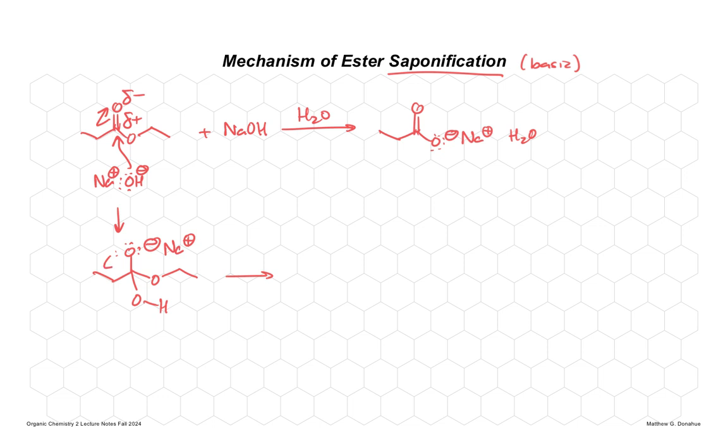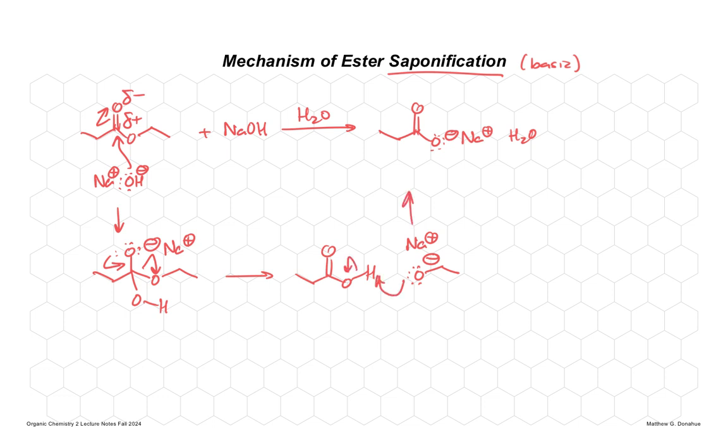So we collapse and then we eject out now the alcohol part, so ethoxide. And so we form the acid, but since we formed this, which is a good base, it will deprotonate.